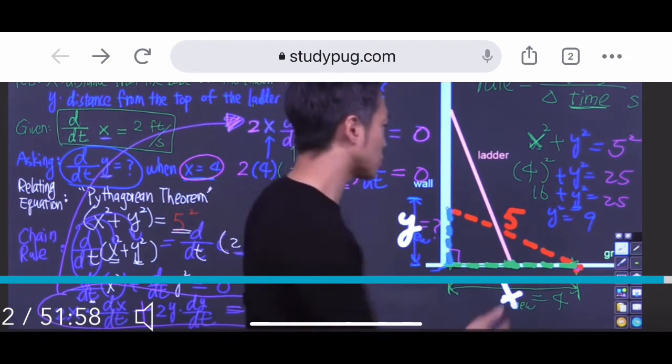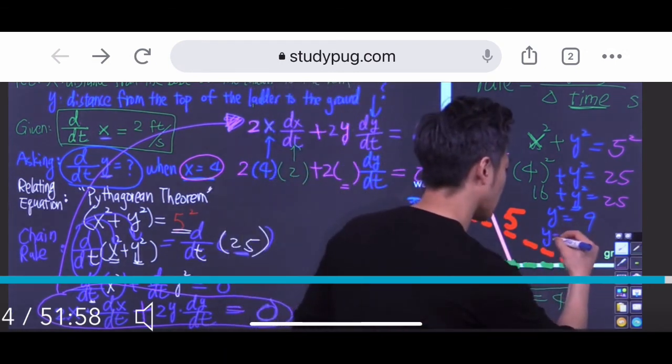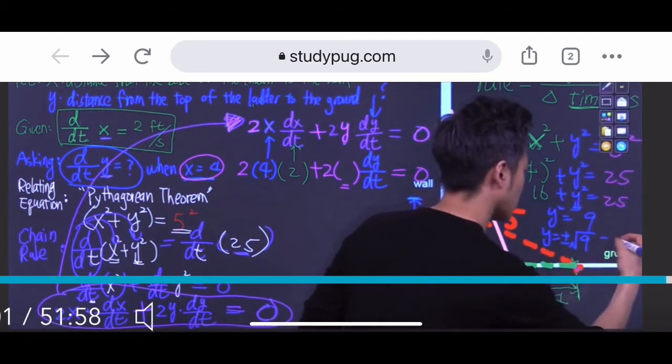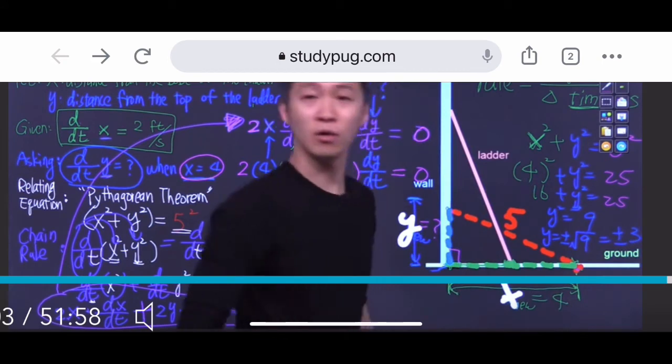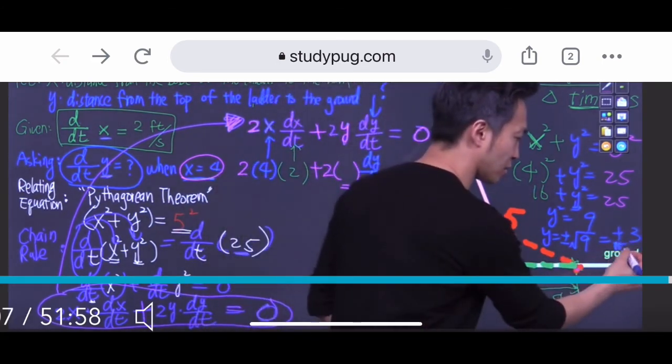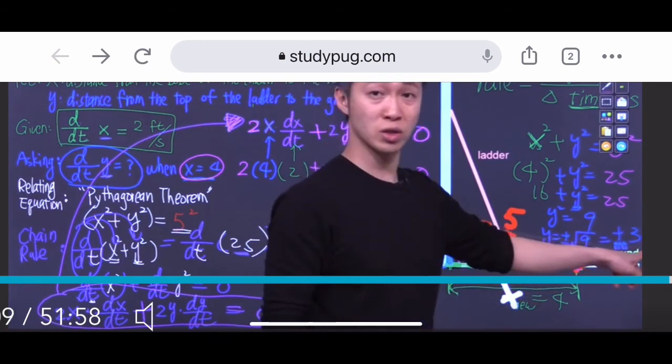Okay? So solve for y, then y is equal to what? Plus minus square root of 9, which is plus minus 3, right? And since y refers to a length, it doesn't have a negative value. So in this case, y is just equal to 3.